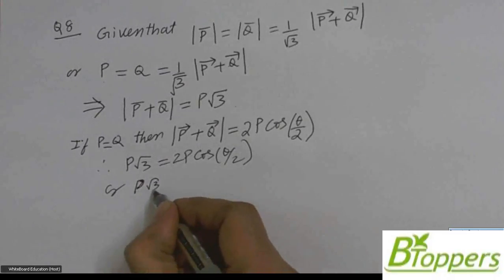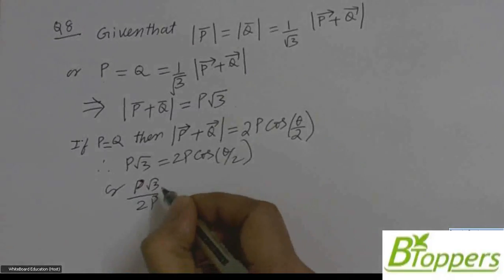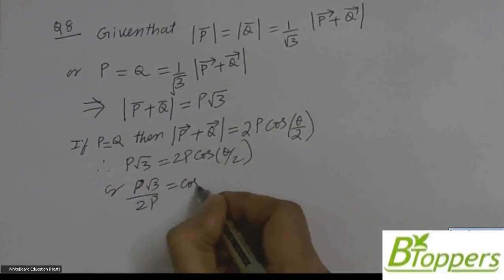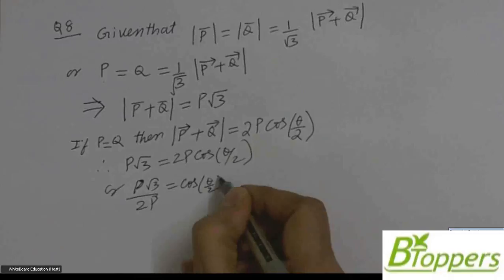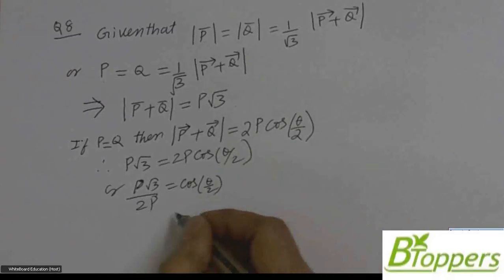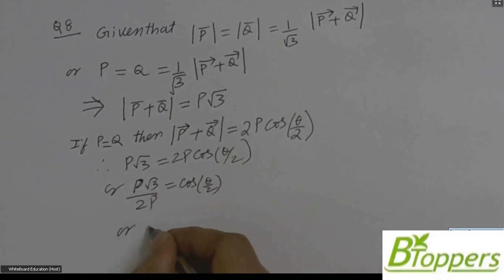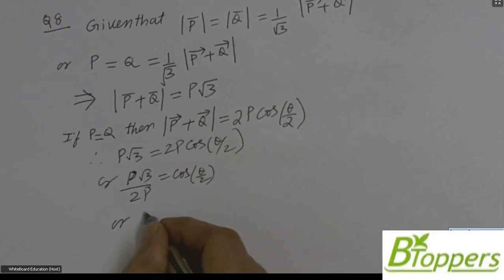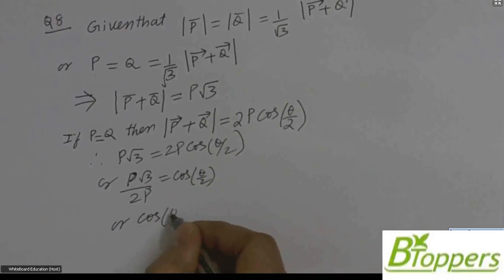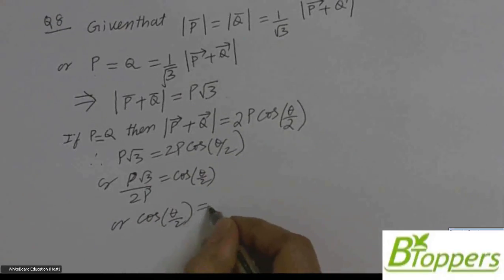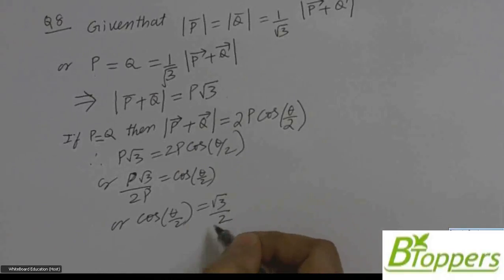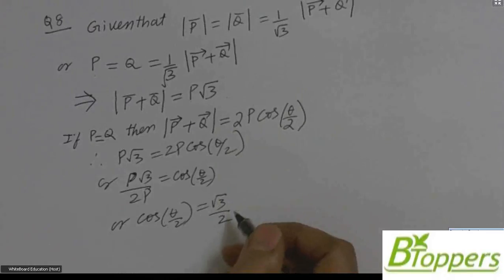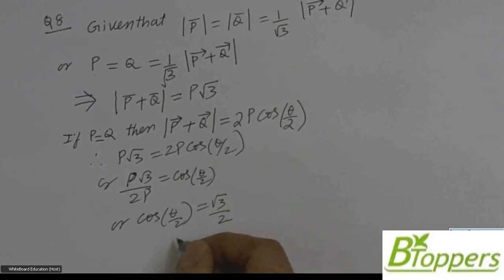Or P root 3 by 2p equal to cos theta by 2. Or you can write cos theta by 2 equal to root 3 by 2. You should be knowing that cos 30 degrees is root 3 by 2.